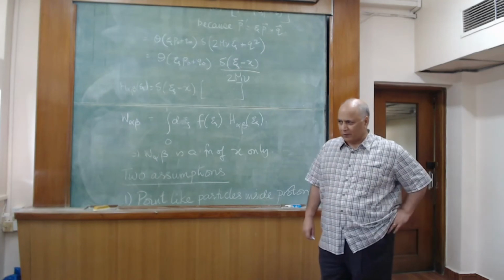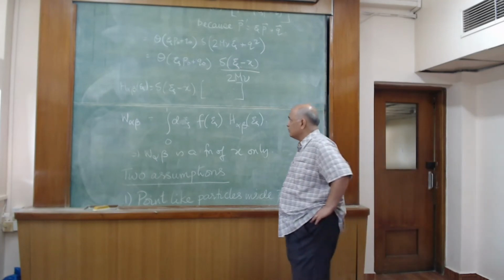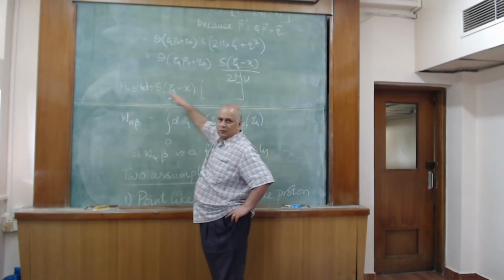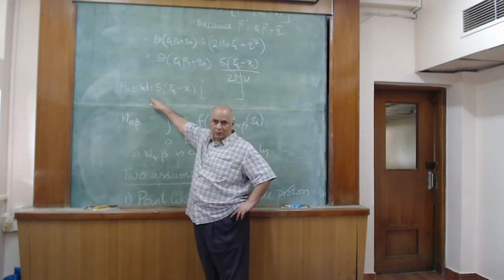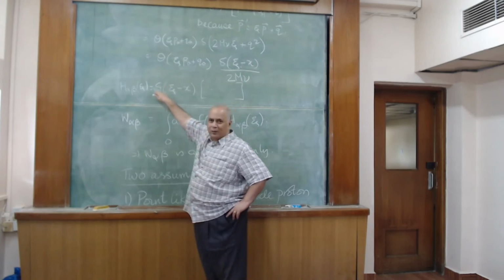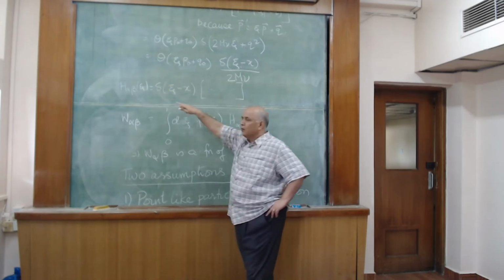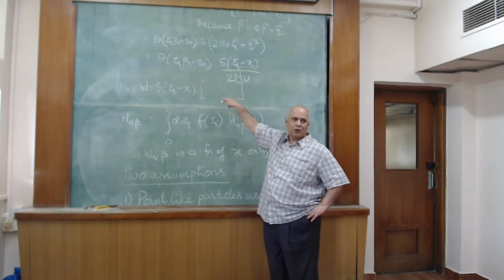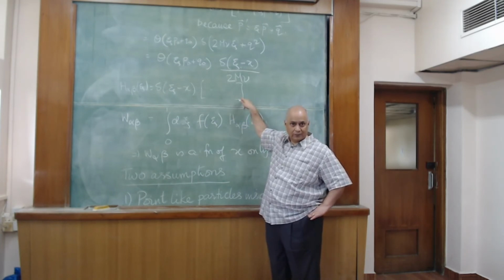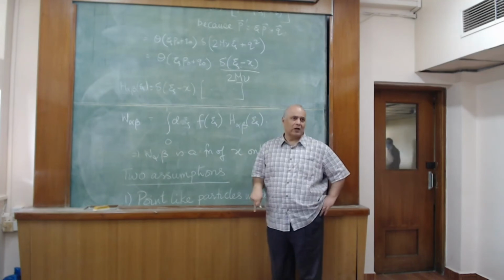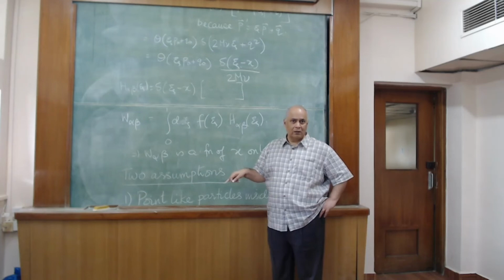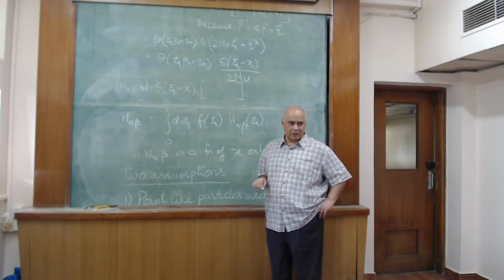The second part of the Parton model is the explicit form of H alpha beta. Here I worried only about the delta function. I didn't worry about how does the alpha look, how does the beta look. If I worry about that also, that tells me whether the partons are scalars or spinors.